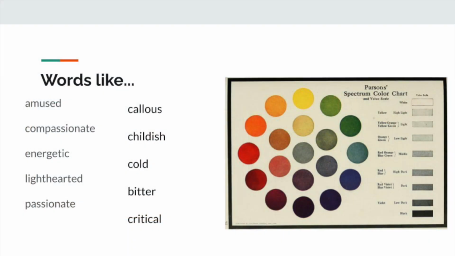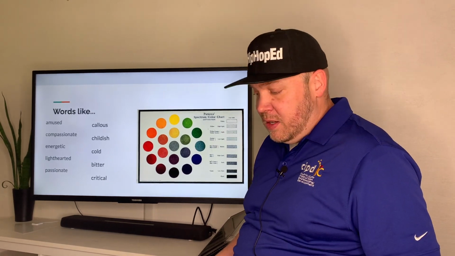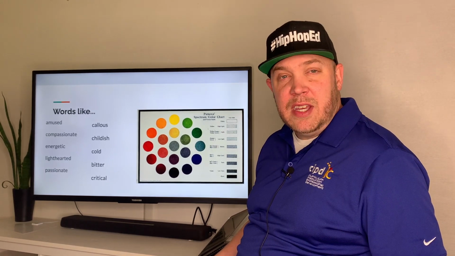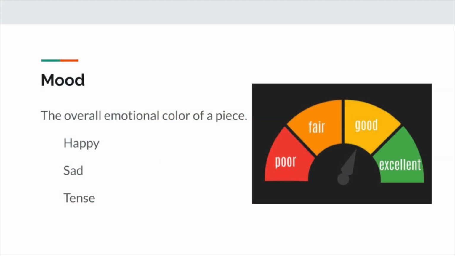Okay, there are often words like amused or compassionate or energetic, lighthearted, callous, childish, cold, bitter, or critical. If you take a critical tone, critical doesn't always mean bad, but it might be that you came in kind of as a skeptic and had to be proven otherwise. Okay, so mood is another good word related to tone. Not the same word and really not the same thing.